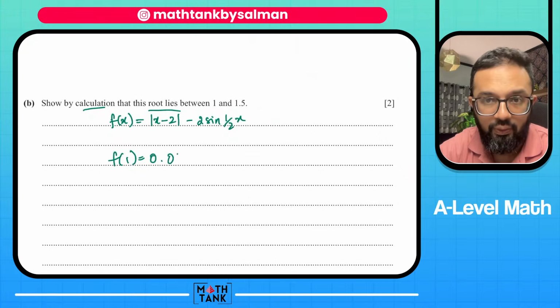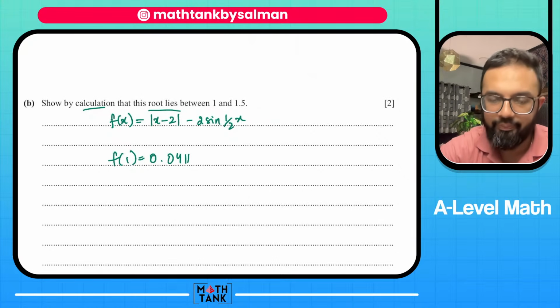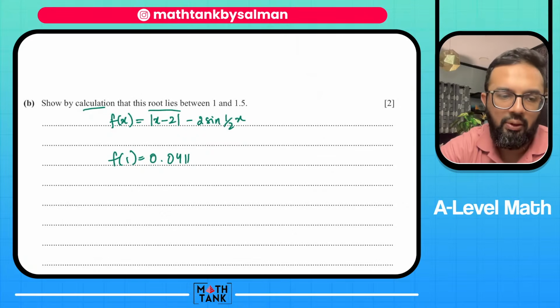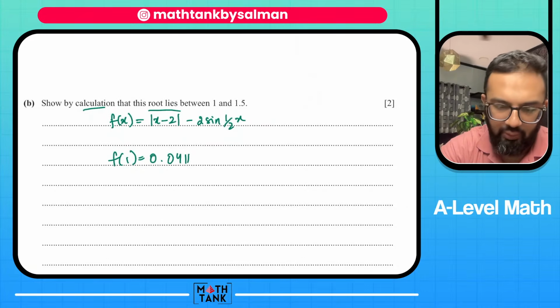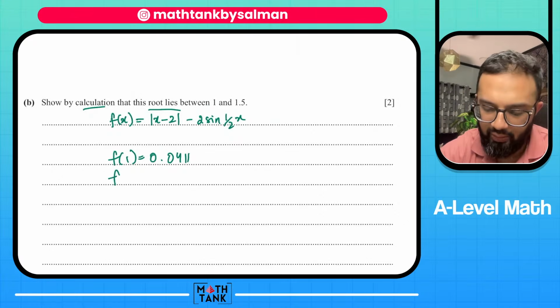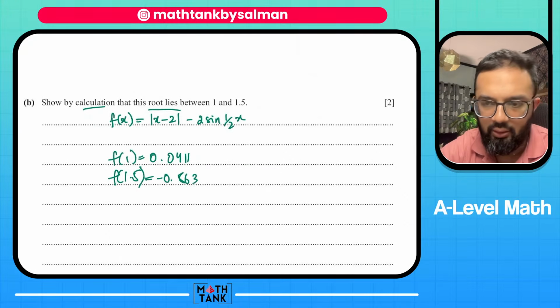That's 0.0411. Okay, and the other one, f of 1.5, is 0.5 and 0.7, so minus 0.863. Change of sign indicates root.